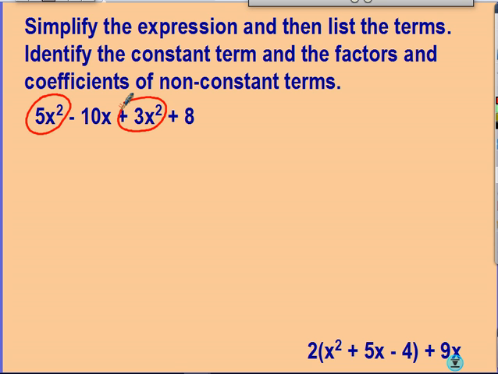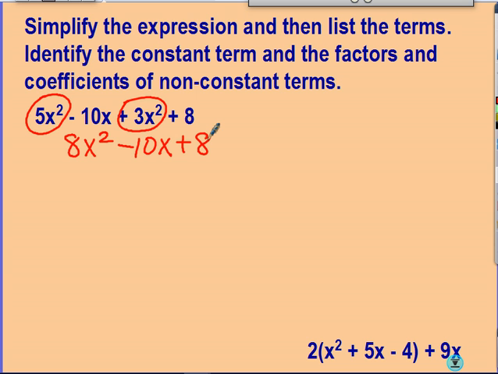In this case, both 5x squared and 3x squared have the same variable and same exponent, therefore they can be combined to give us 8x squared. Negative 10x and positive 8 do not have any like terms, so we bring them down. Our simplified expression is 8x squared minus 10x plus 8.